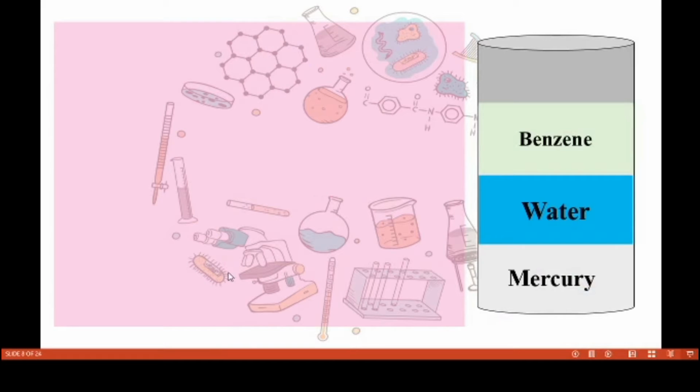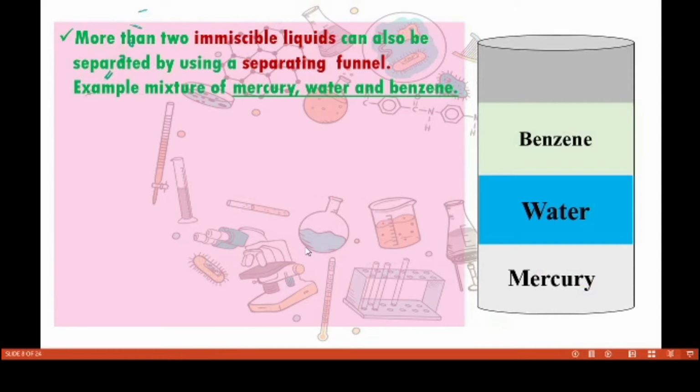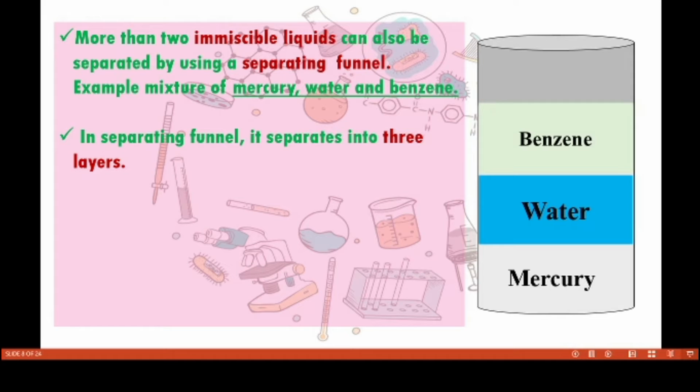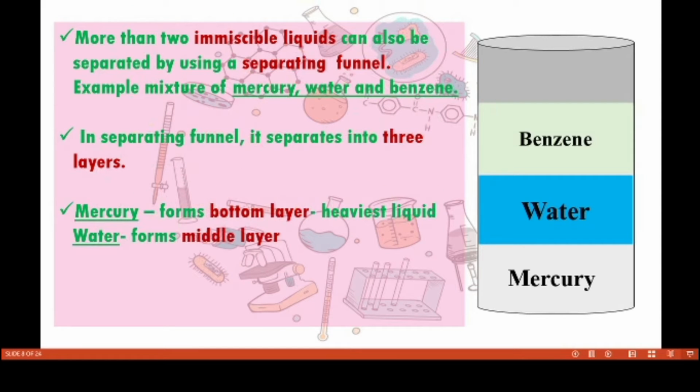And a mixture of more than two immiscible liquids can also be separated by using a separating funnel. For example, a mixture of mercury, water and benzene can be separated in this way. When a mixture of mercury, water and benzene is put in a separating funnel, it separates into three layers.